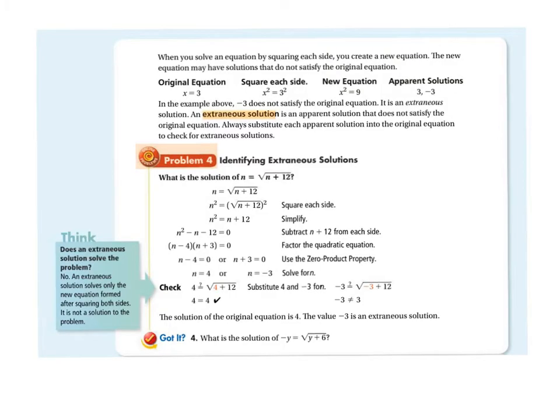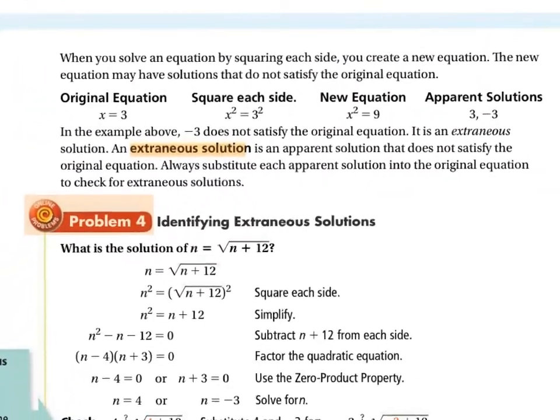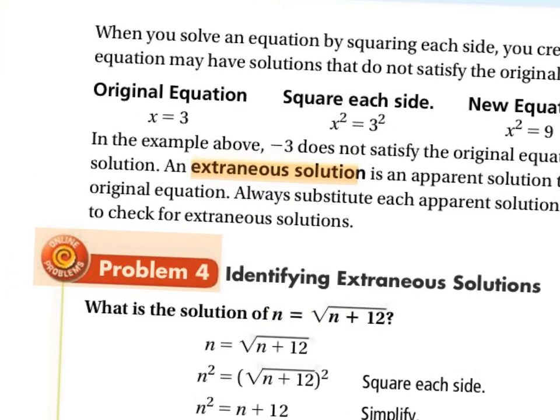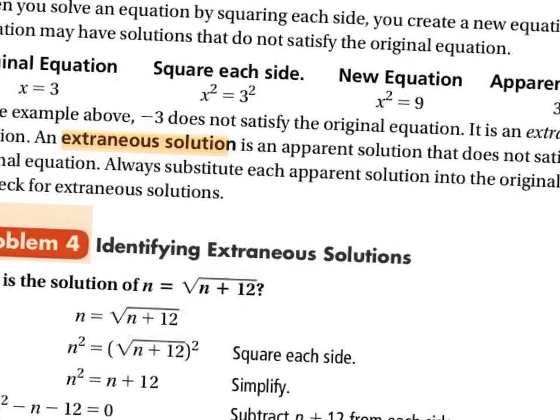So the next part talks about if we're solving equations where we have to square both sides, we're creating new equations. And that new equation could have solutions that actually don't work. So for example, if we start with x equals 3 and square both sides, now we've got x squared equals 9.